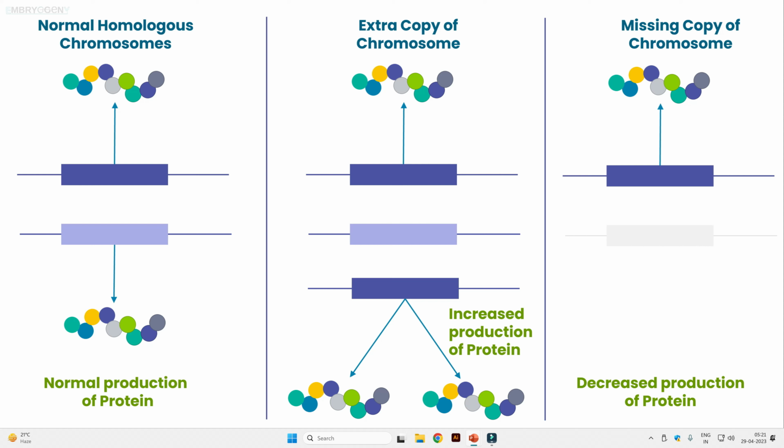Chromosomal aneuploidies cause chromosomal instability, where we either have too much of a protein coded if we have one extra chromosome, or too little protein coded if we have a missing chromosome or decreased expression of the gene. This leads to either protein abundance or protein scarcity and causes imbalance in the cell, leading to various disorders.